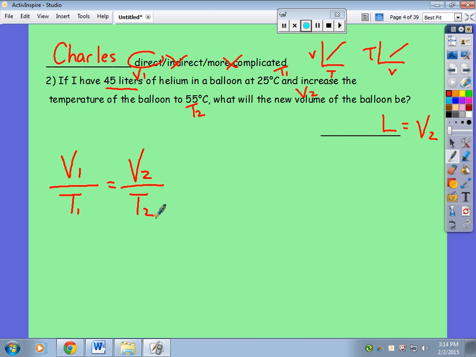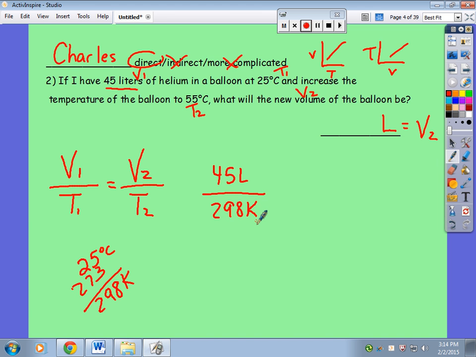And now you look back at your problem and you say, okay, I have 45 liters, and I have 25 degrees Celsius. I need to change that to Kelvin by adding 273, and that's 298 Kelvin, and that's going to go right here. And again, I'm just putting units for these first couple problems, okay?